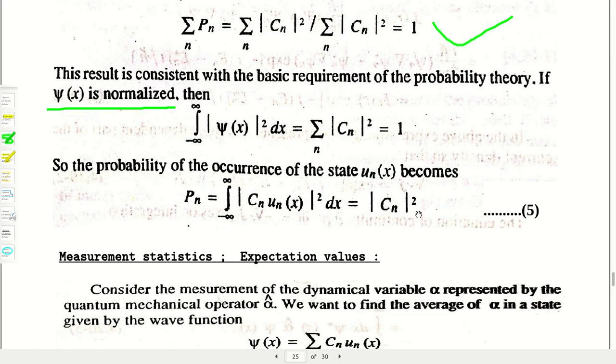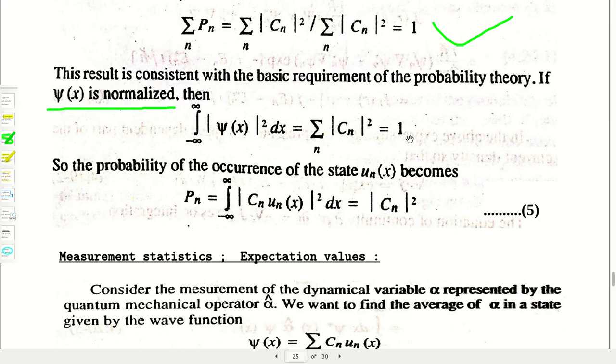Although I was talking about an infinite number of wave functions, sometimes the problem will be such that all other possibilities can be neglected, because those 3 wave functions with those coefficients, root under 3 by 5, root under 3 by 10 and 1 by root under 10, complete the set, because if you add the squares of the expansion coefficients, you will get 1.